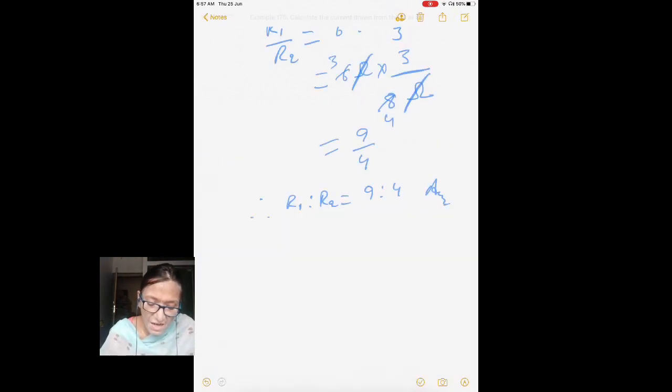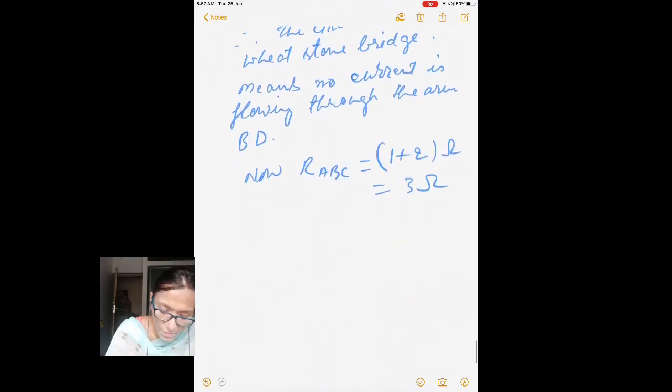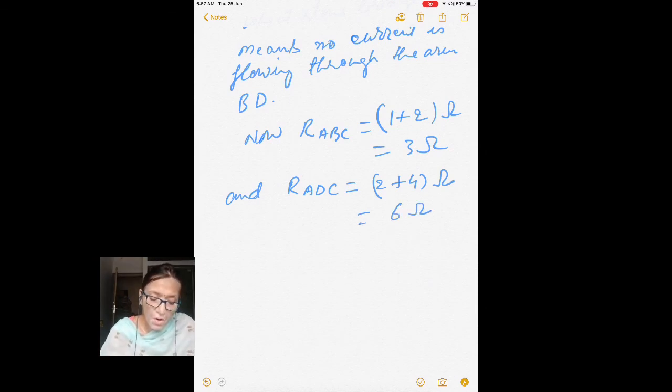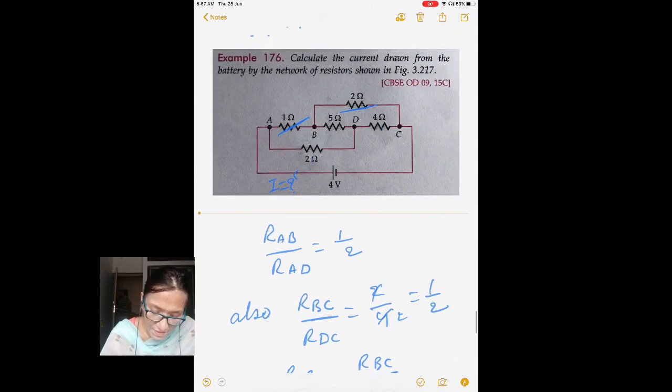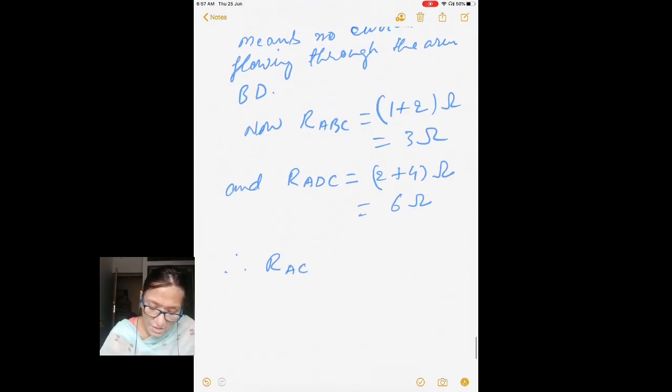And RADC is equal to 2 plus 4 ohm, which is equal to 6 ohm. Therefore, for the equivalent resistance between A and C, they are in parallel. Here you could see that.